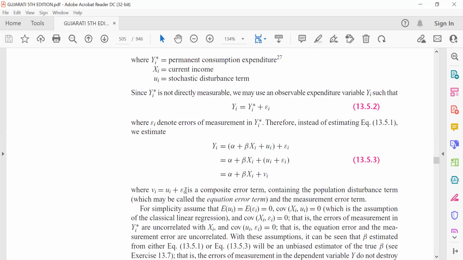Here we have the residual as a composite error term containing the population disturbance term and the measurement error. This means there are two error terms.